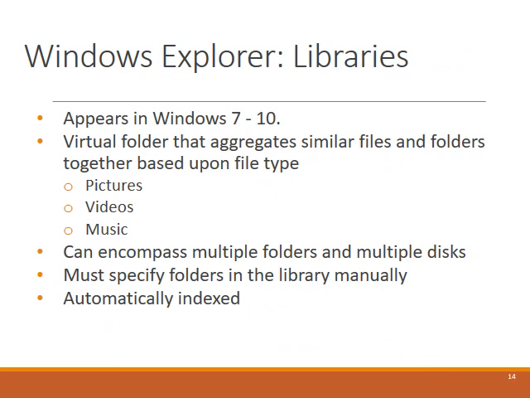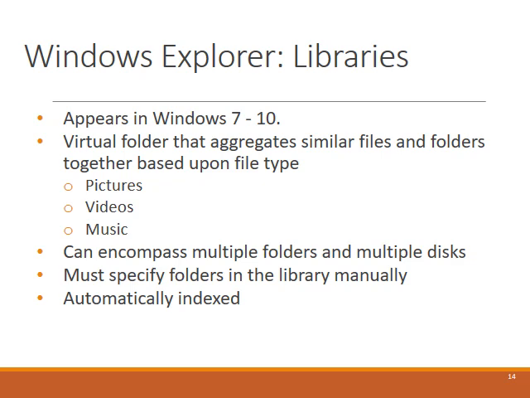So File Explorer has something new to it as of Windows 7 called libraries. Libraries appear in versions of Windows between 7 and 10, and they are virtual folders that aggregate similar files and folders together based upon type. So let's say, for example, you have some pictures on your desktop, some pictures in your My Documents folder, and heck, maybe you have a picture up on a server somewhere.